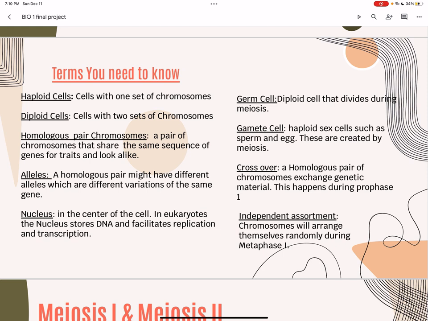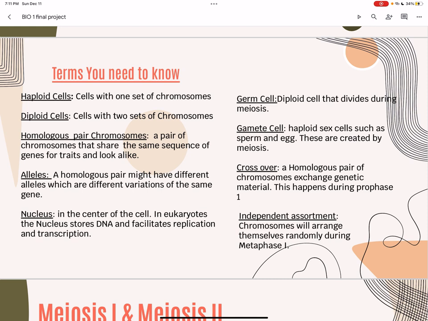A homologous pair might have different alleles, which are basically variations of the same gene. The nucleus is the center of the cell. In eukaryotes, the nucleus stores DNA and facilitates replication and transcription.